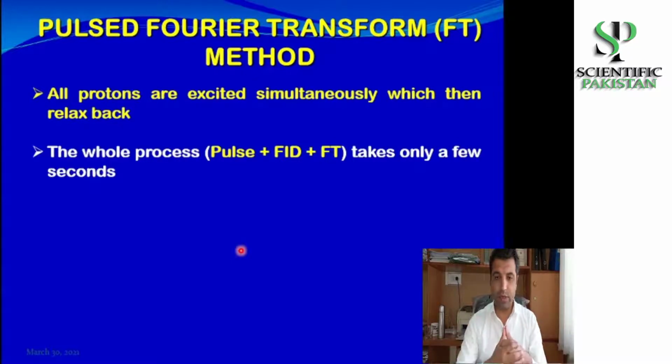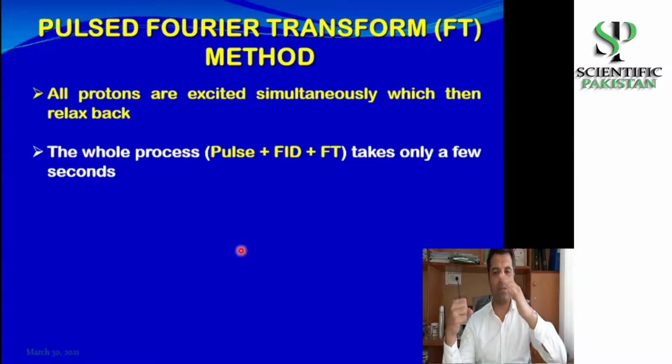Pulse, I told you earlier, is the transfer of energy. When you turn on the radio frequency transmitter for a very short period of time and then turn it off, these nuclei are excited and come down to the XY plane. And then when you turn off the radio frequency transmitter and allow these nuclei to relax back, that is where the detector sees it. The detector sees M0 going back.